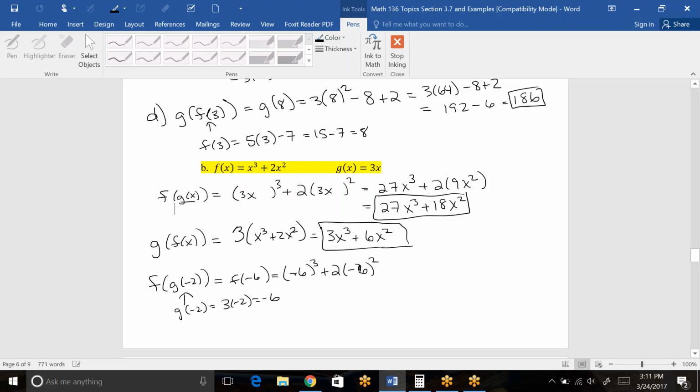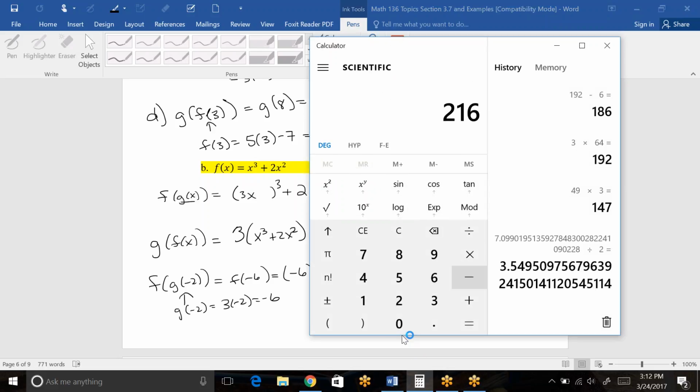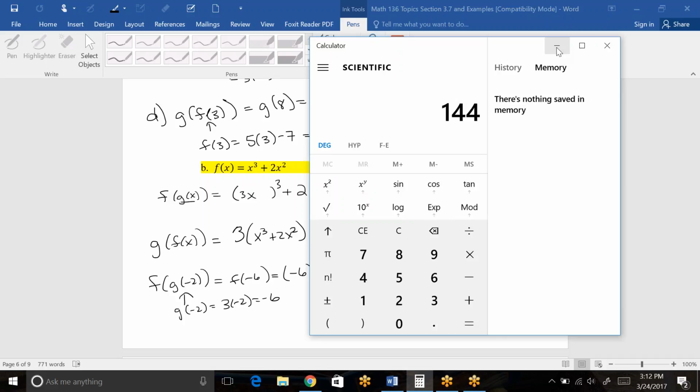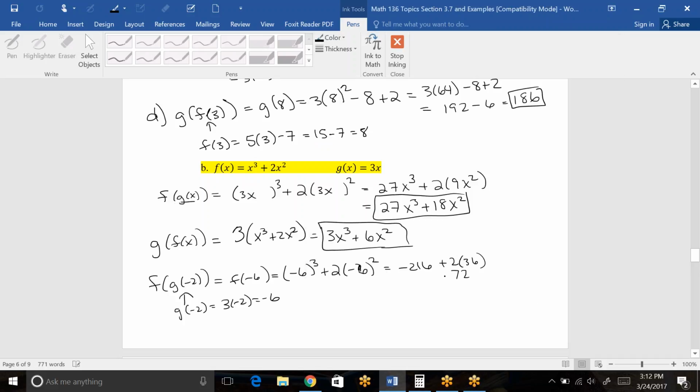Sorry, that's a weird negative 6. That would be negative 216 plus 2 times 36. And 2 times 36 is 72. And this will be negative 144 overall.